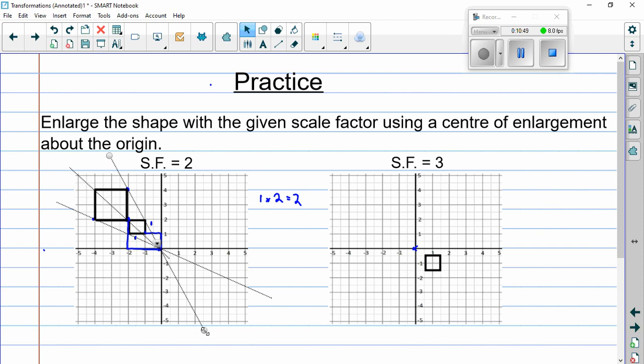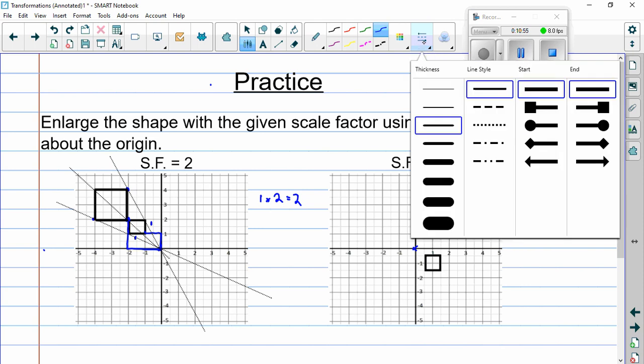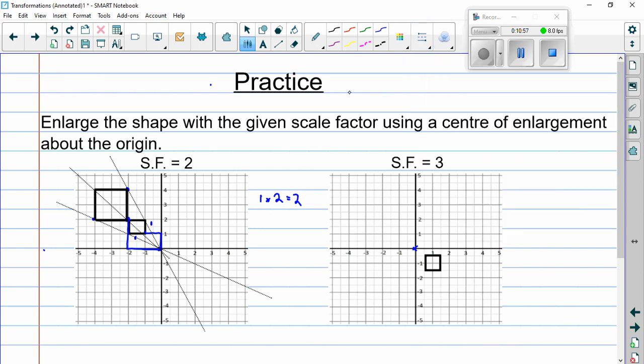So next one, scale factor of 3. We're going to start off the exact same way. I'm going to opt again not to actually draw in our lines at the beginning, choose for the end. So here, I'm going to choose our closest vertex, because it's the easiest one. So we know from here to here, that is 0.5, and it's actually 0.5 down as well.